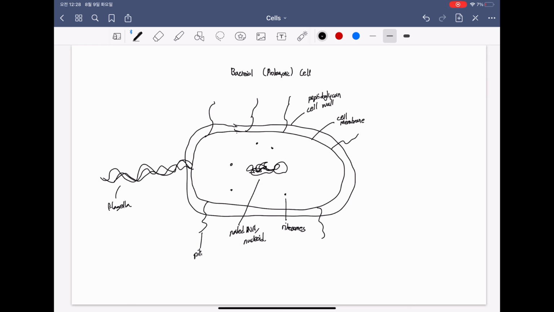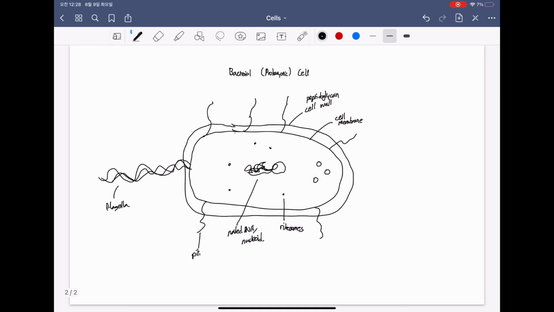It also has another genetic material called a plasmid, which we will learn more about when we move on to the biotechnology chapter. It's ring-shaped and has genetic DNA in it. So this is how you draw a typical prokaryotic cell.